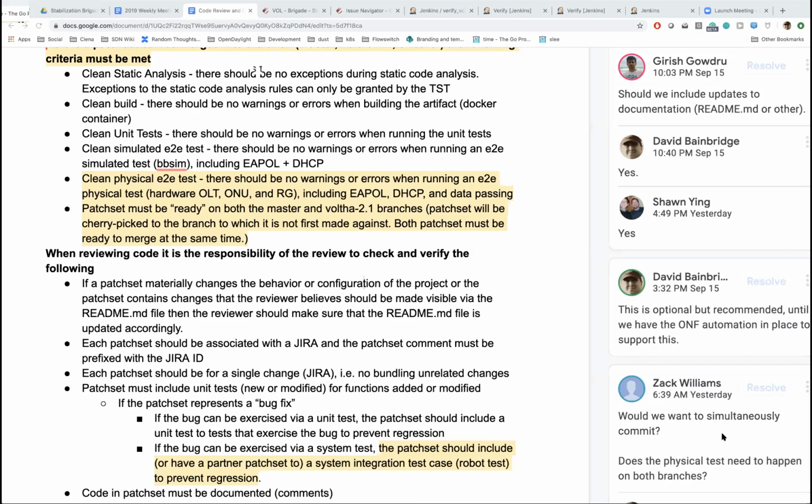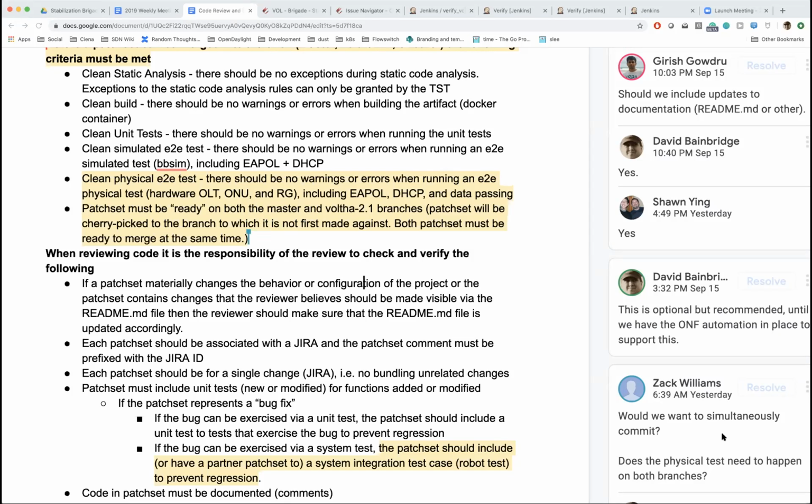So what we thought about is, initially, or until we get enough resources where this is not an issue, we would still require a physical integration test on the patch set, but it would be manually kicked off once the author of the patch set felt that the patch set had stabilized and is no longer going over iterations.